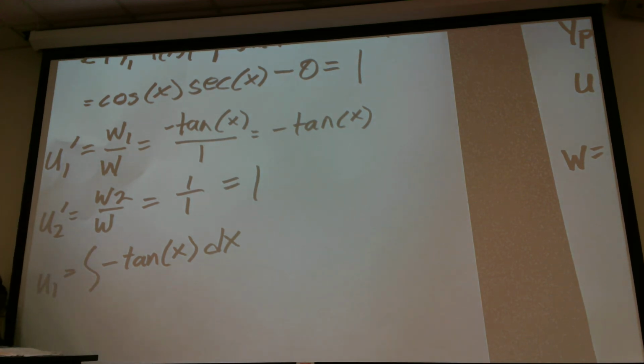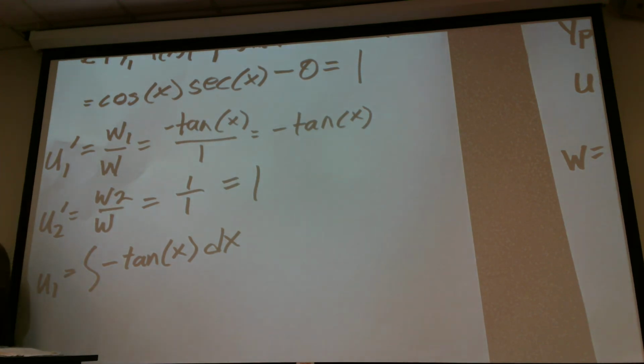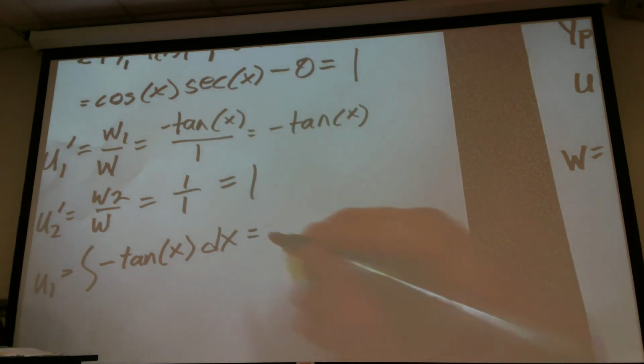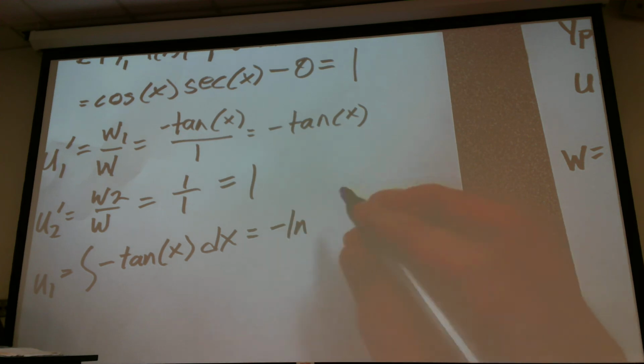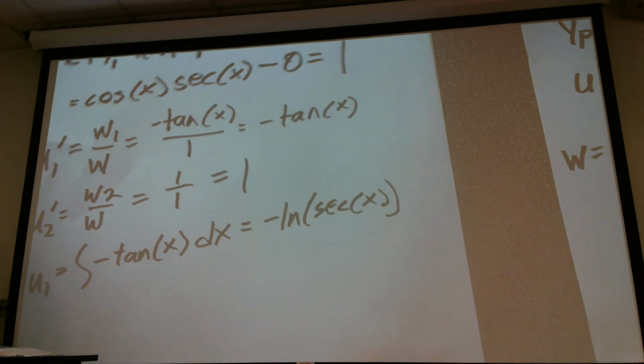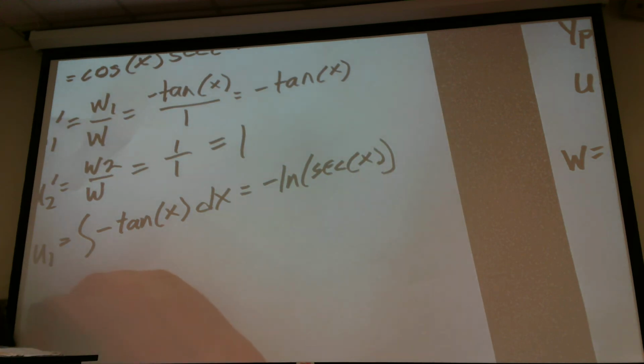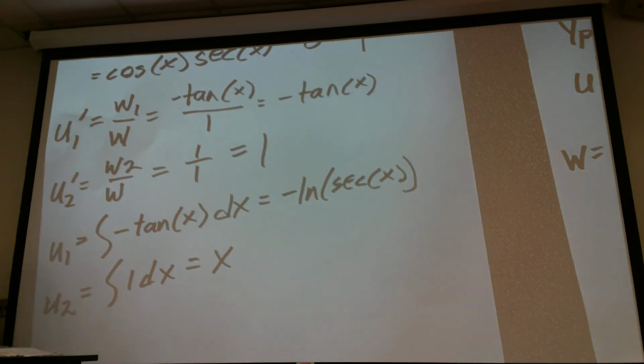The integral of tangent is the natural log of secant, so this is going to equal the negative natural log of secant of x. Now u2 would just equal the integral of 1 with respect to x, so this just becomes x.